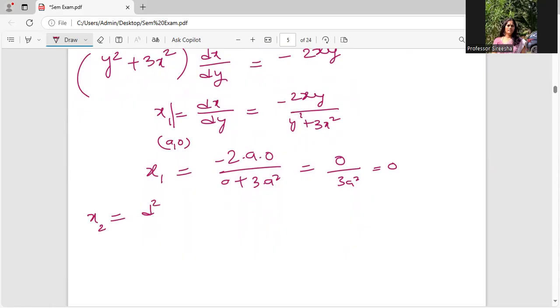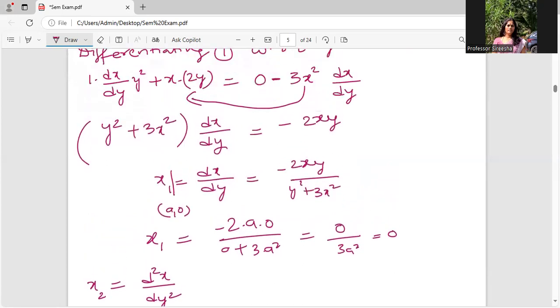What I will be needing is d square x by dy square, for which I'll be differentiating this again with respect to y. Okay, so I should do it carefully because I'm having both of them.